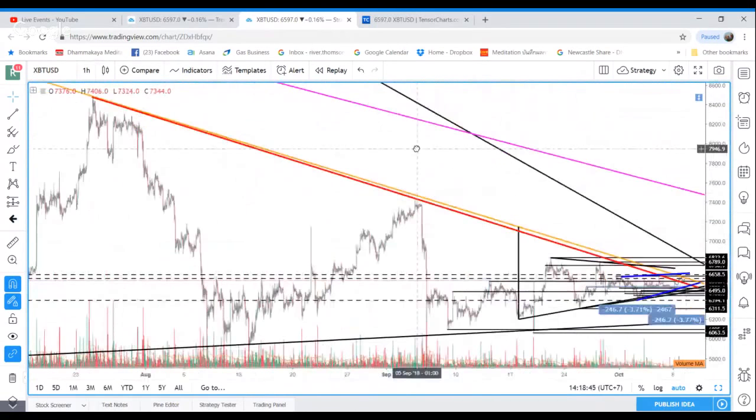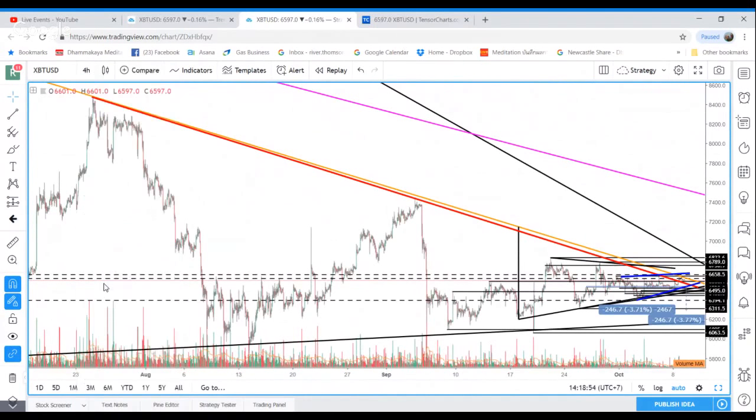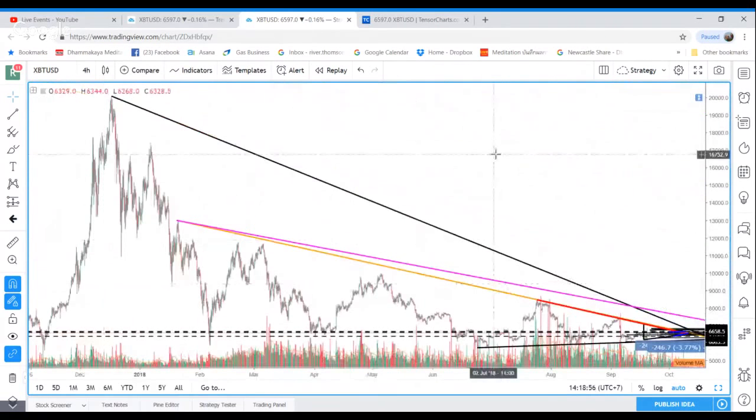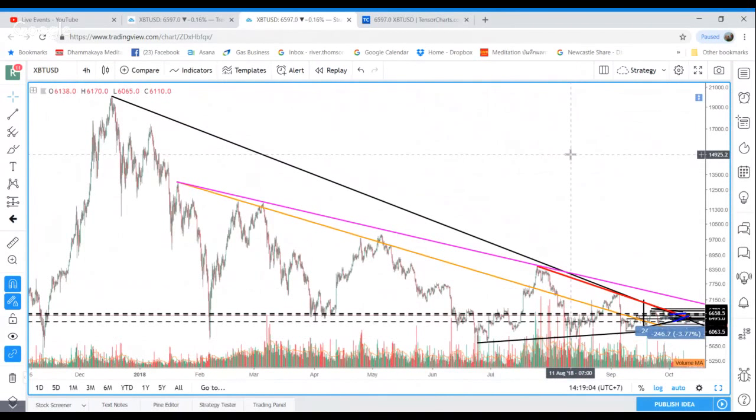But a lot of times with these very long-term diagonals, it doesn't make much sense to use the regular scale. It makes more sense to use the logarithmic scale. If you're on a short term, there's practically no difference between the logarithmic and the regular scale for a diagonal. They're so close together that you wouldn't notice the difference.